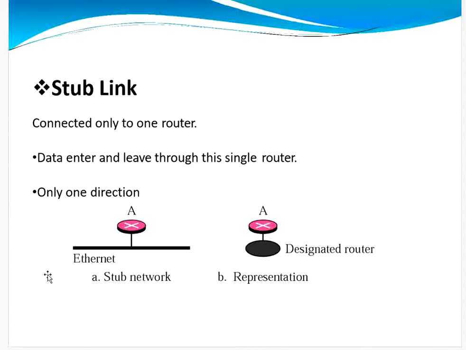You can see in this diagram a stub network, where the stub link is connected to only one router. If we want to enter or leave data through this stub link, we can use only a single router, and it is only one directional. This is the representation of the designated router.